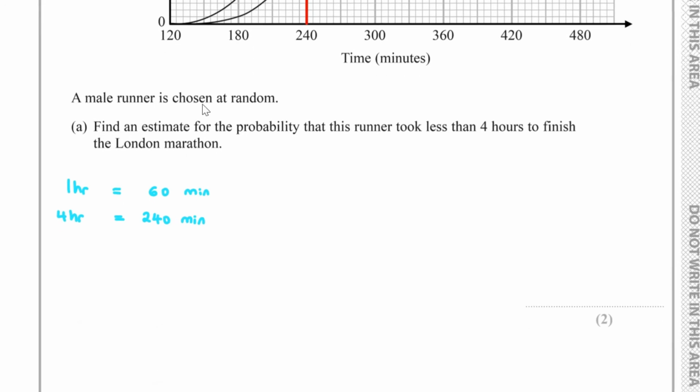So therefore, the probability that the runner took less than 4 hours is equal to 42 over 100, which we can simplify to 21 over 50. So we have 21 over 50.